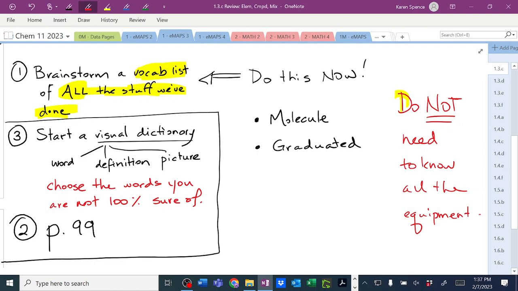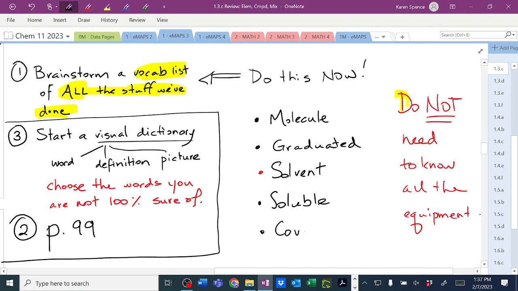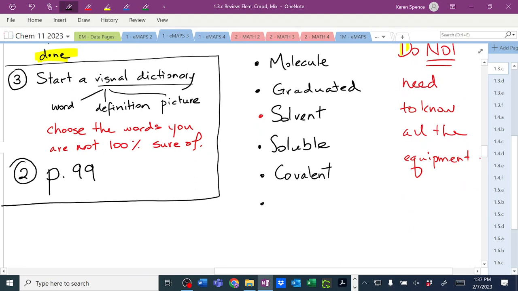Dayun. Solvent, excellent. Jilly. Soluble. Elijah. Covalent. Timmond. Element. Mixture, wonderful.